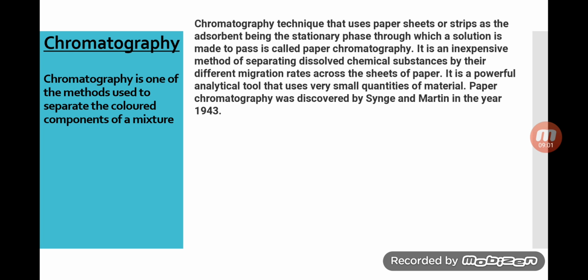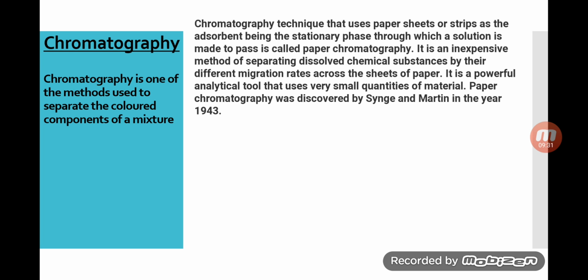Chromatography. It is a very important topic for you. Chromatography is one of the methods used to separate the color components of a mixture. Paper chromatography is a technique that uses a paper sheet or strip as the absorbent, the stationary phase, through which a solution is made to pass.